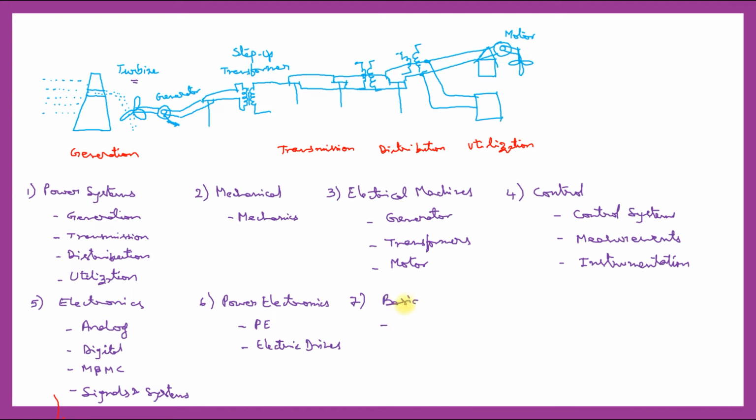For knowing how much current is flowing, how much voltage is present at a particular point, how much power is coming, and how much energy is utilized, for this discussion we should definitely know network analysis, or sometimes we may call it electric circuit analysis also, and electronic devices and circuits.